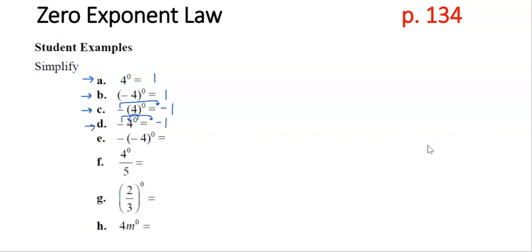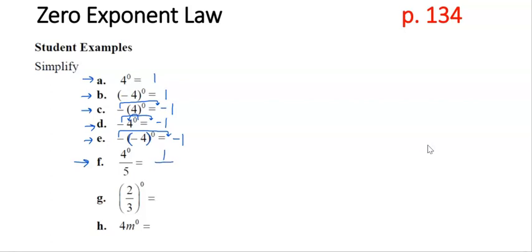For E, negative 4 to the power of 0 is 1, but again, check out that negative sign floating out front. For F, we have a numerator and denominator. The numerator is 4 to the power of 0, that equals 1.